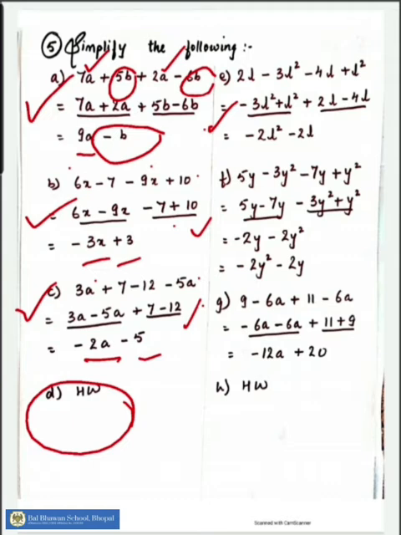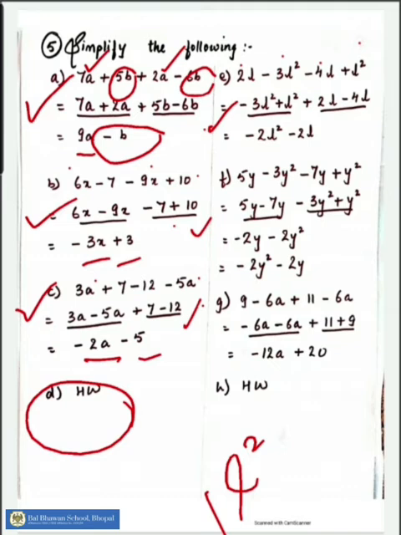Now, again my first task is to keep all the similar variables together. So minus 3l square plus l square, I have kept together, and 2l minus 4l I have kept together. Now, l square is nothing but 1l square. That means it has 1 with it.